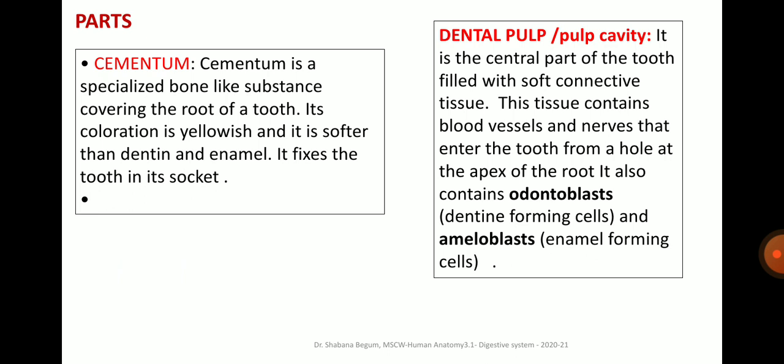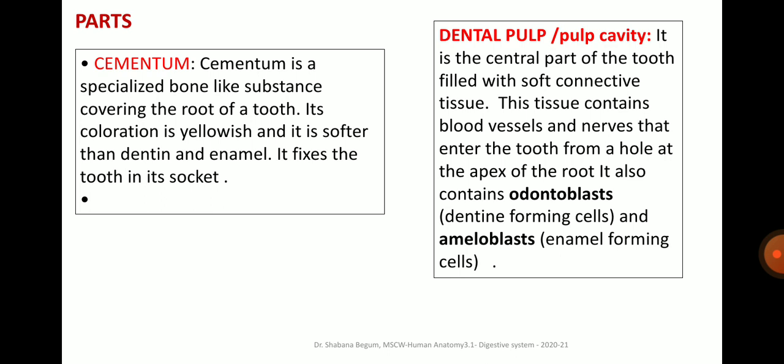Actually, the dentine has numerous fine canaliculi that pass radially from the pulp cavity towards the enamel. The cement is covered over by periodontal membrane made up of collagen fibers.